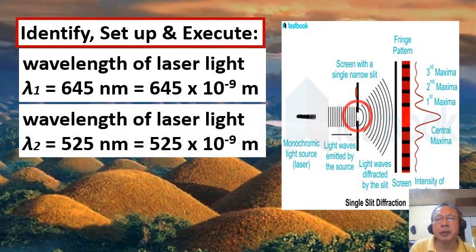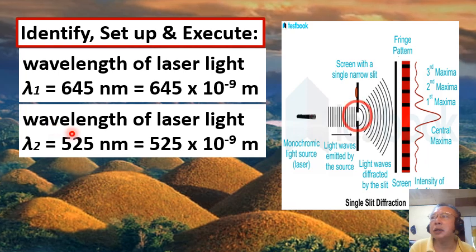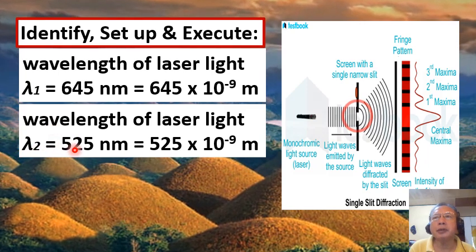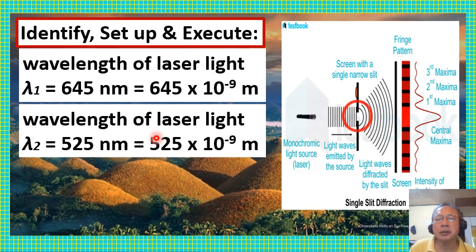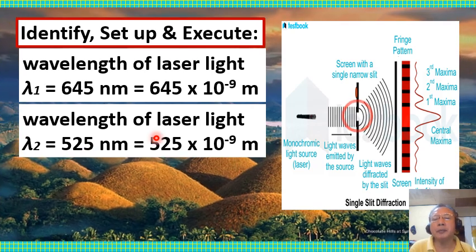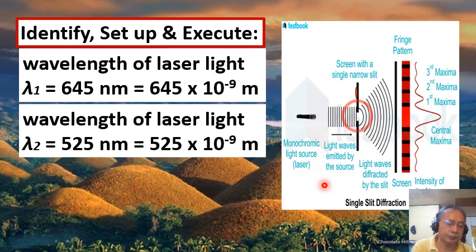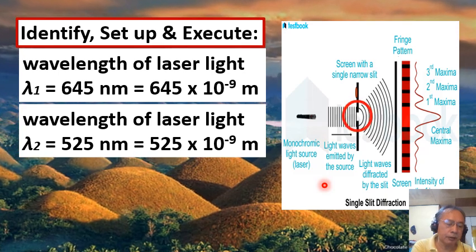And for question letter B, we change the wavelength. So it is now lambda 2 equal to 525 nanometers, or 525 times 10 raised to the negative 9 meters. All right?